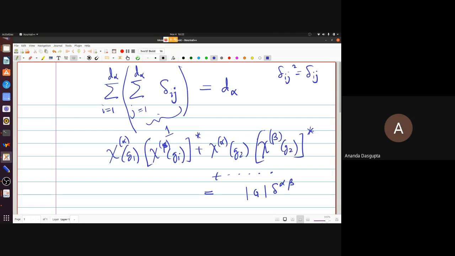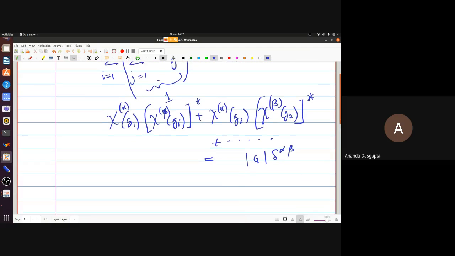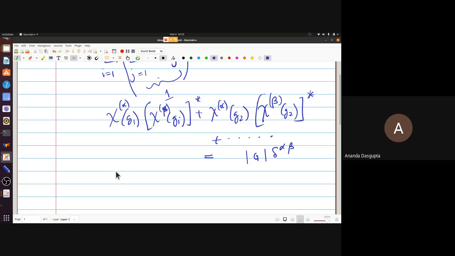Now, what should jump out to your eyes immediately is that if you thought of a vector like this, a row vector or a column vector, right now I'm writing it as a row vector because it's easier to write that way. Suppose you defined a vector like this. You took every character for every group element.